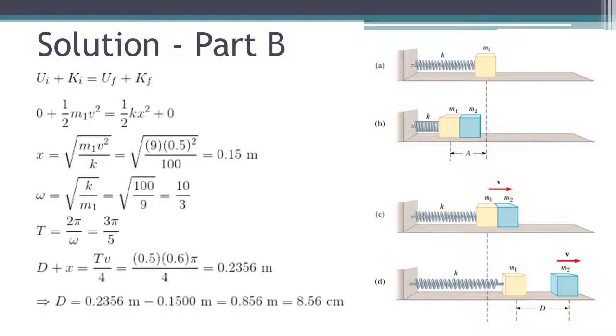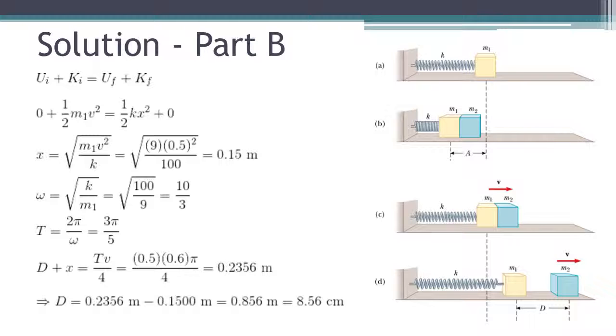Since there's no other forces acting on block 2 now, it just maintains the constant velocity. And this means d plus x is going to be equal to the velocity of block 2 times the time it's been traveling for, which turns out to be v times T over 4, since, as we stated, it's been traveling for exactly 1/4 of the period of the spring with block 1.